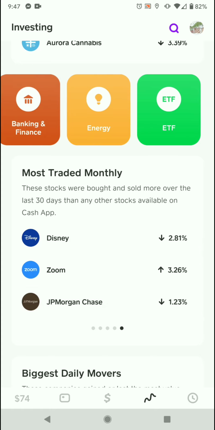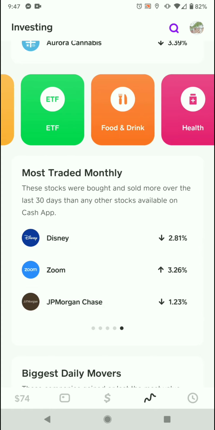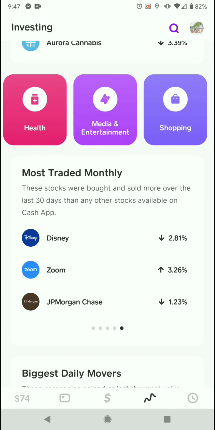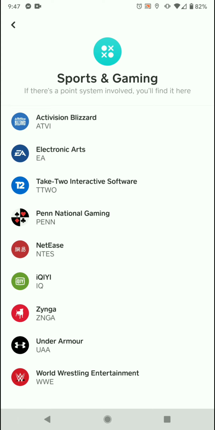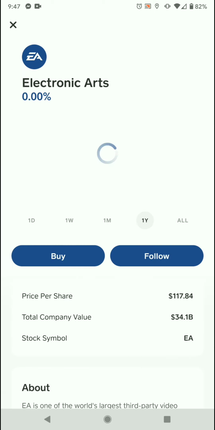Stocks are organized by most traded monthly, biggest movers, and they are also grouped by shopping, sports and gaming, technology, similar categories to help you locate the company or field of industries you believe in most.